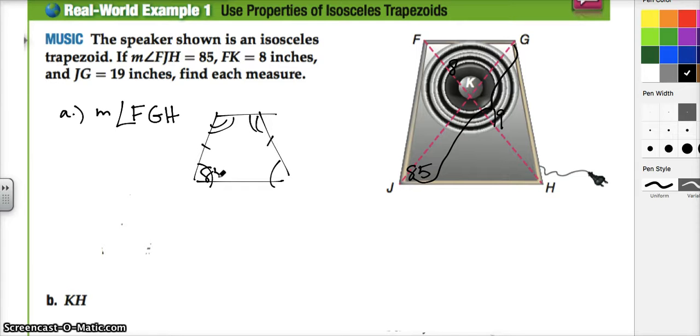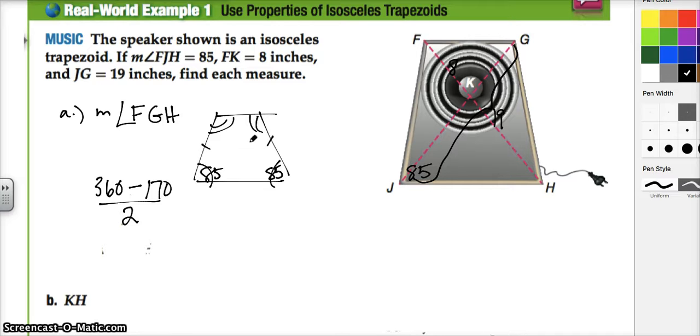So if this is 85, this has to be 85, and we know that the sum of all the angles of a quadrilateral is 360, so that's going to be 360 minus these two 85s, which is going to be 170. Sorry for taking so long with that. So when I subtract 170, I'm going to have to divide by 2 to get each of these angles. And that's going to pretty much answer this, right?